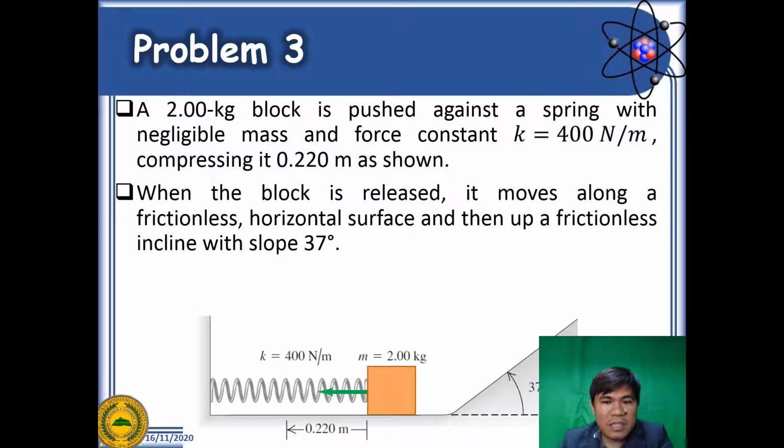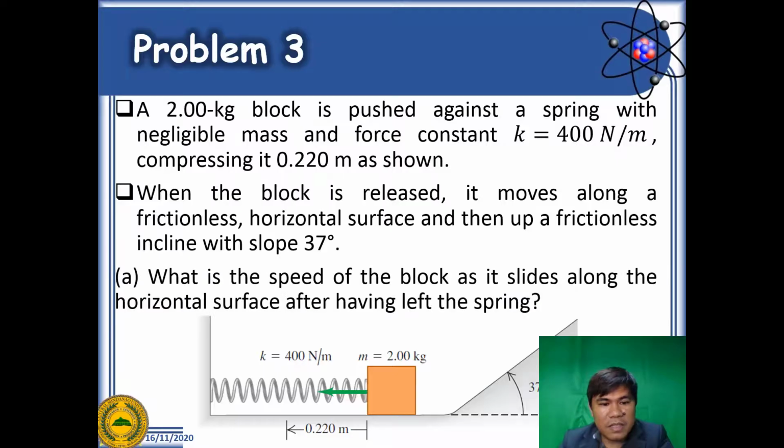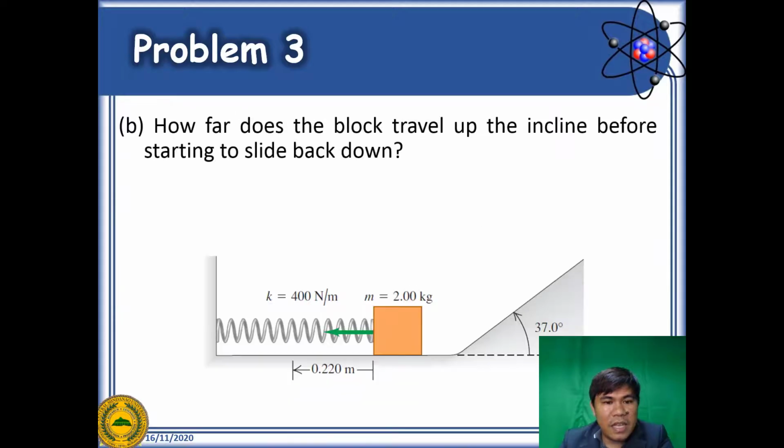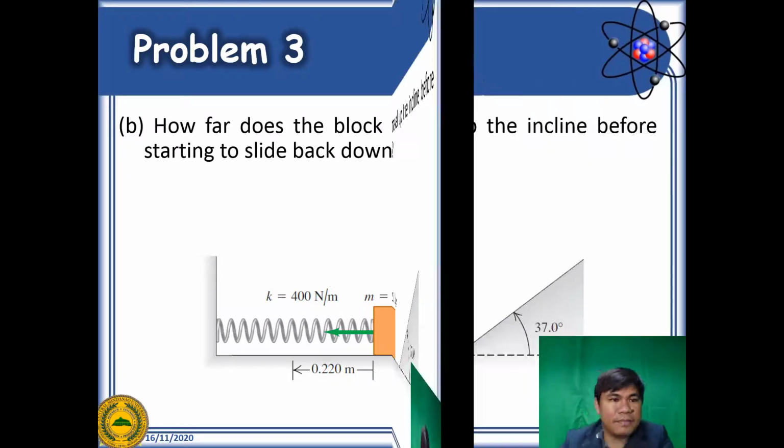When the block is released, it moves along a frictionless horizontal surface and then up a frictionless inclined plane with a slope of 37 degrees. The question is, what is the speed of the block as it slides along the horizontal surface after having left the spring, and how far does the block travel up the incline before starting to slide back down?